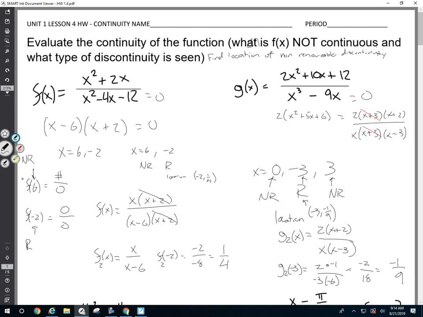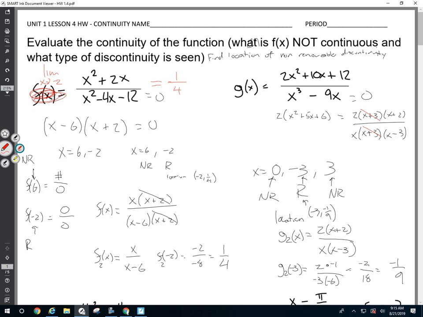And just to remind you, if I asked you for both of these questions, instead of having f of x, what is the limit as x approaches negative 2 for this? What it is essentially asking you is, what is the location of your hole? What is your y location of your removable discontinuity? You would answer this as 1/4, because that is what our function would be approaching.